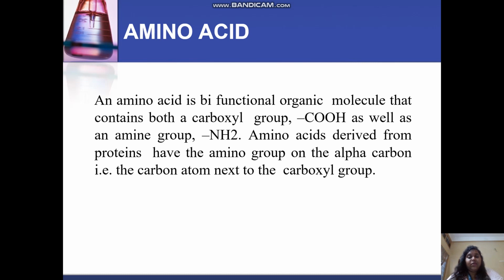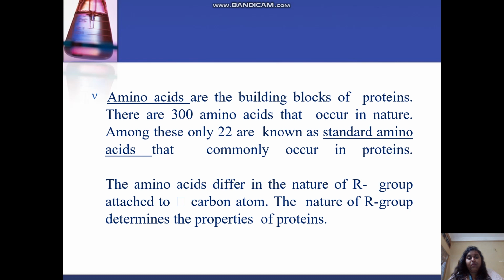Amino acids derived from proteins have the amino group on the alpha carbon, that is the carbon atom next to the carboxyl group. We also know that amino acids are the building blocks of proteins. There are 300 amino acids that occur in nature. Among those, only 22 are known as standard amino acids that commonly occur in proteins.